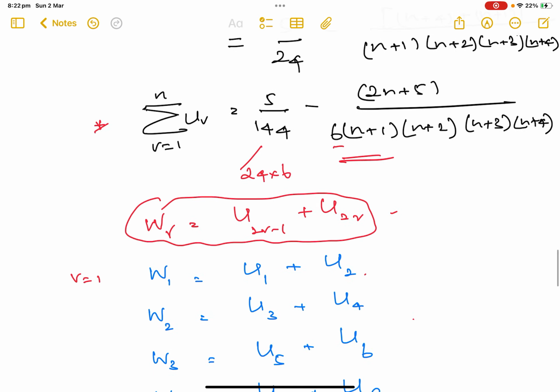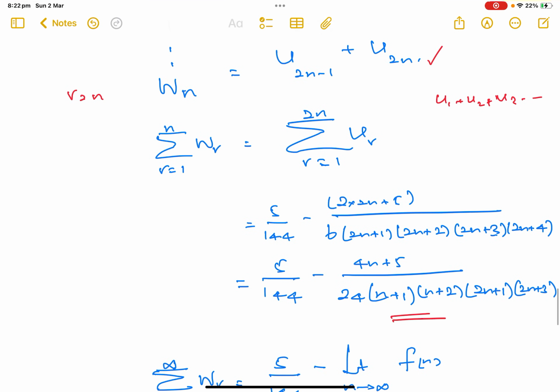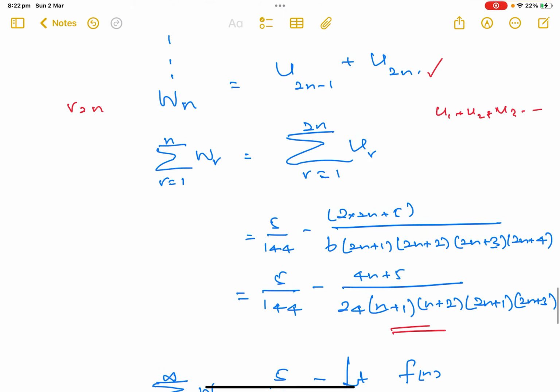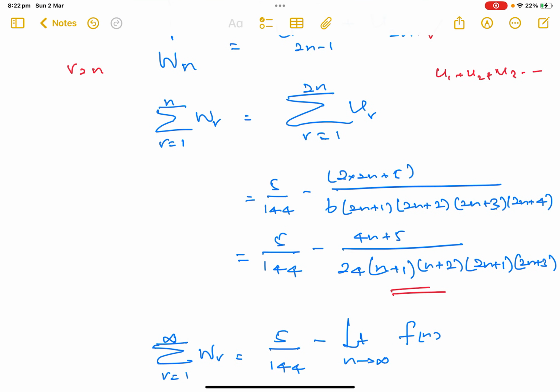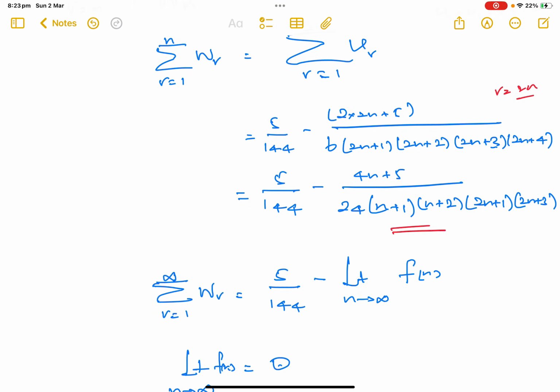So we know the sum of u_r, r from 1 to 2n. This side is n, this side is 2n. So 5 over 144, no change. Instead of n, 2n: 2 times 2n plus 5 over 6 times 2n plus 1, 2n plus 2, 2n plus 3, 2n plus 4. The 5 over 144 is still kept the same.